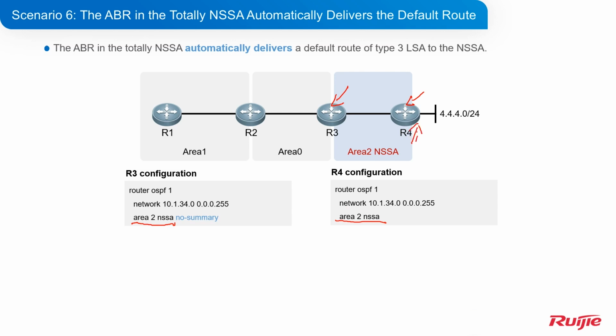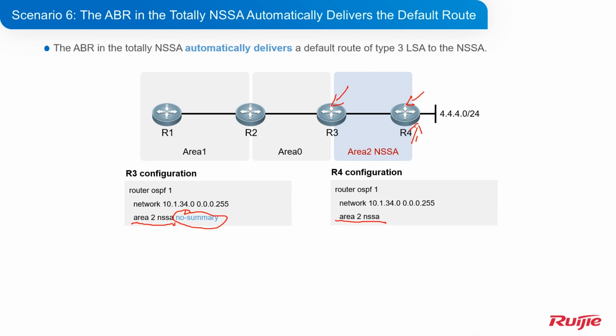But if we want to make this area a totally NSSA area, we have to add the no-summary command on R3, because R3 is the ABR that belongs to area 0 and to the NSSA area. We can only use the command on R3. We don't need to add no-summary on the R4 device.